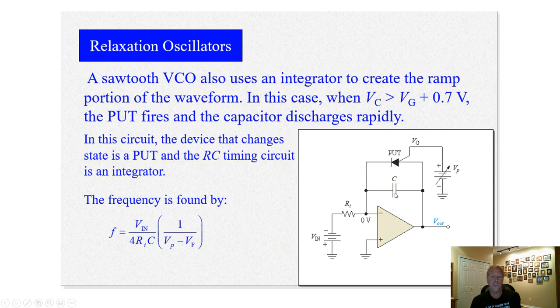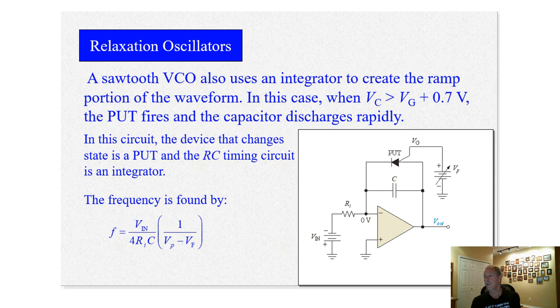This capacitor is charging with this voltage. So the capacitor starts charging, gets to a certain voltage. At the voltage across the capacitor that corresponds to the PUT conduction voltage, the PUT conducts and discharges the capacitor, resulting in this sawtooth wave.